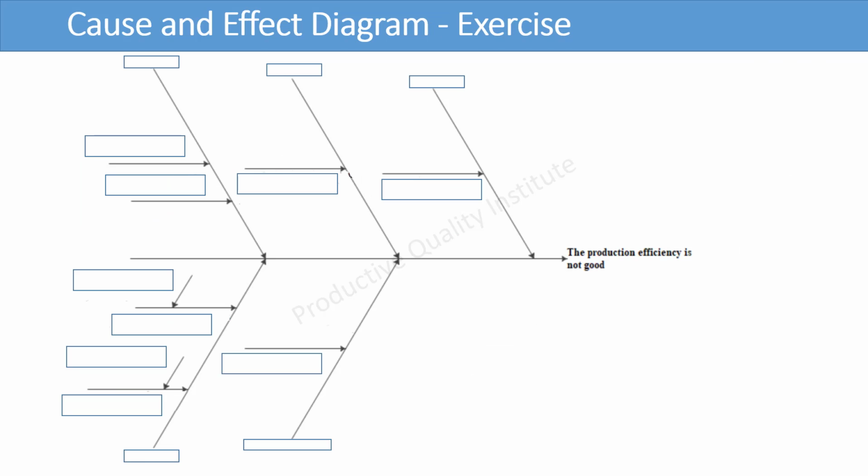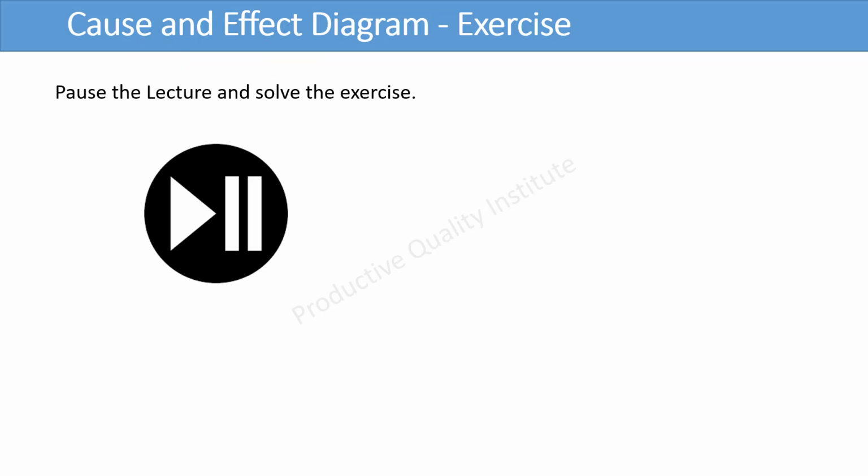Now, we will do an exercise for the cause and effect of the following problem. The production efficiency is not good. Please follow the steps in order to complete the cause and effect diagram. Please pause the lecture and solve the exercise.